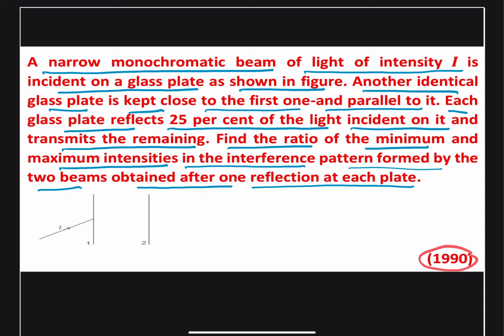Here two important things are there. First is that each plate reflects 25%, and secondly we have to find the ratio of minimum to maximum intensity in the interference pattern after one reflection, and this one reflection should be from each plate. These are the two important points in this entire question.